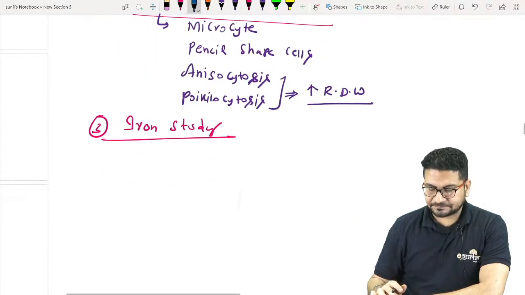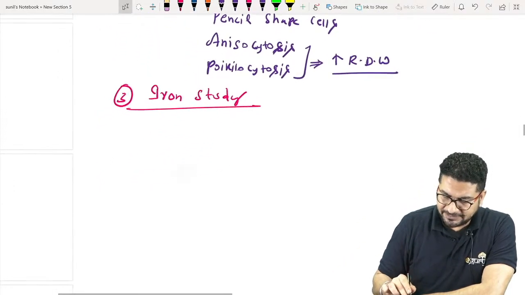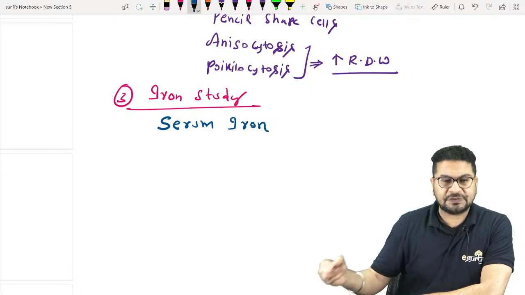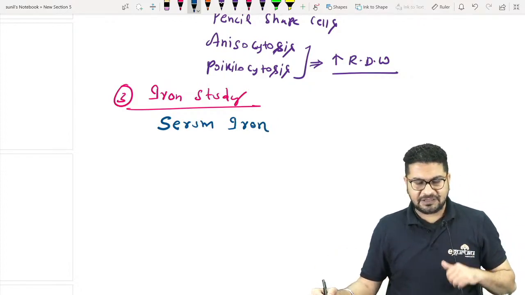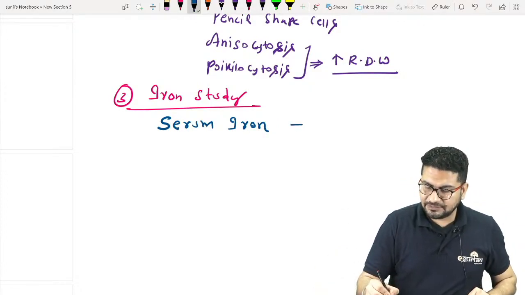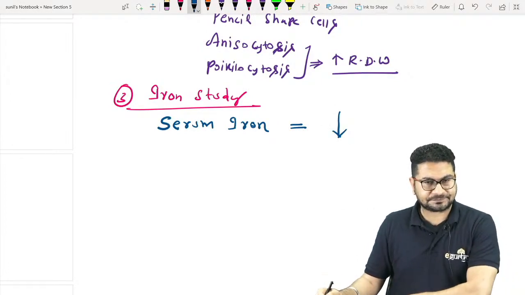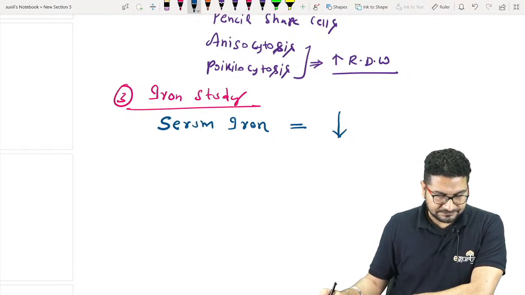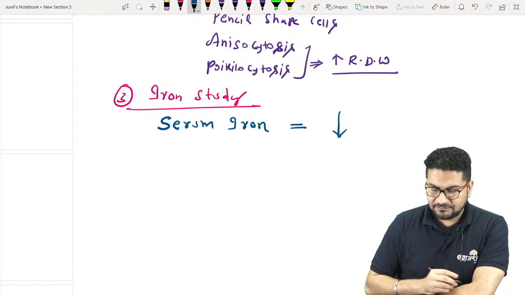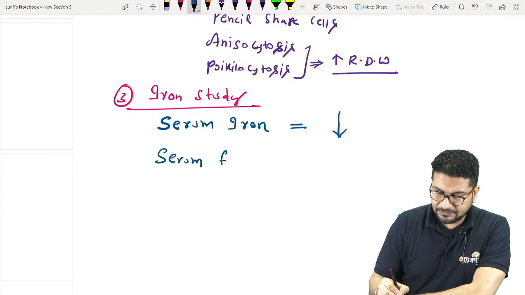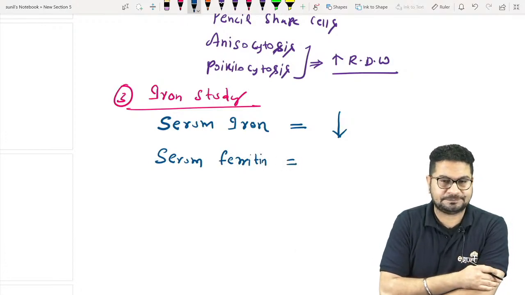In iron study you will see serum iron. Serum iron means iron deficiency anemia, so will it decrease or increase? Serum iron will definitely decrease. Serum ferritin is a reflection of your store form.